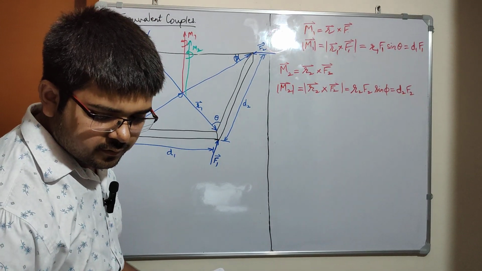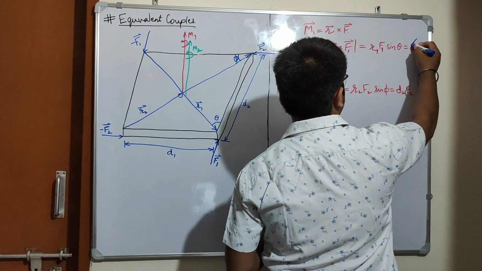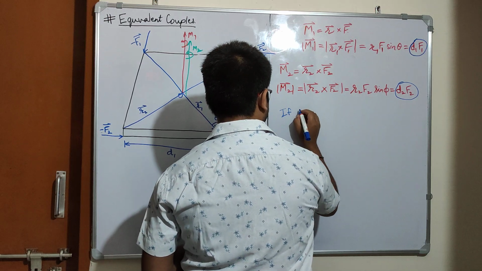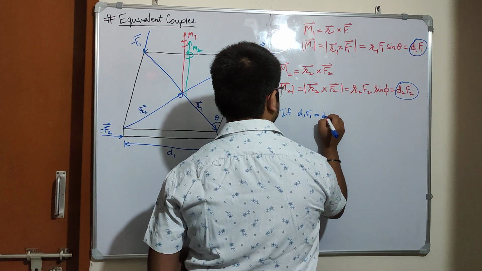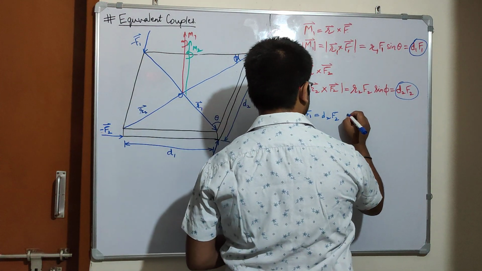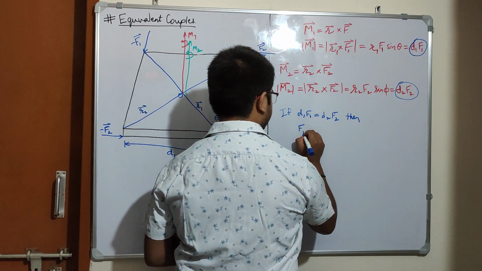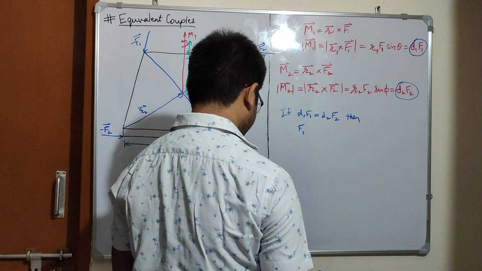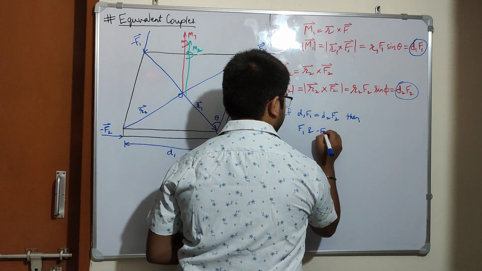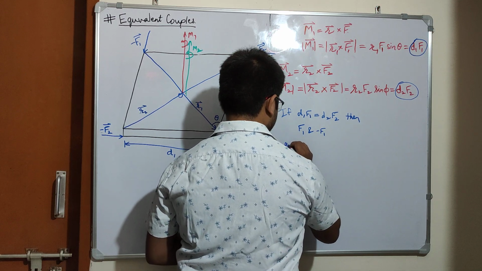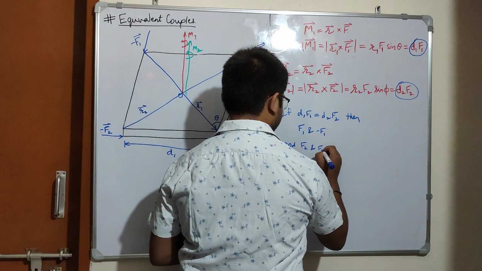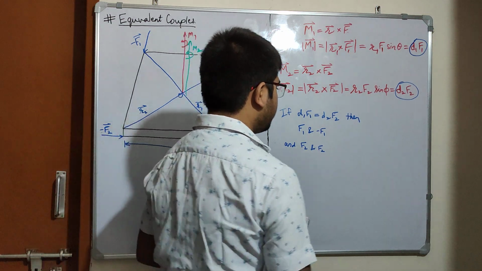So if these two quantities are equal, D1 F1 and D2 F2, if D1 F1 equals D2 F2, then F1 and minus F1, and F2 and minus F2, are equivalent couples.